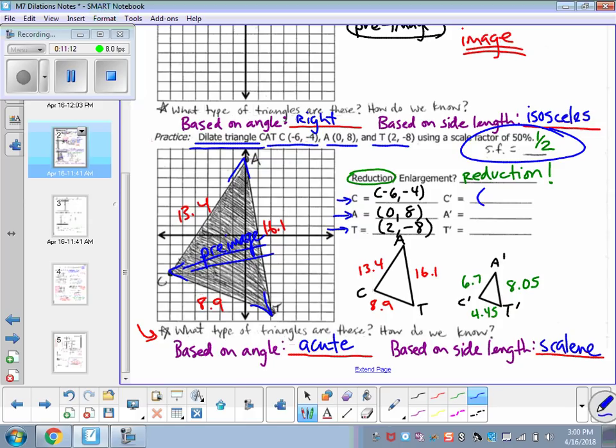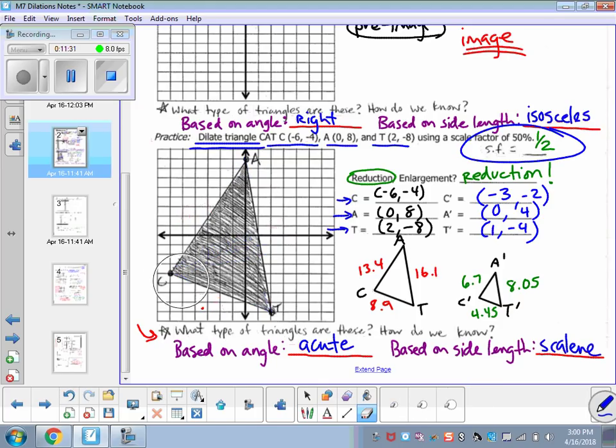So 1/2 of -6 is -3, and 1/2 of -4 is -2. 1/2 of 0 is still 0. 1/2 of 8 is 4. 1/2 of 2 is 1, and 1/2 of -8 is -4. So now we have our prime points for our new shape after it's been reduced by 1/2.